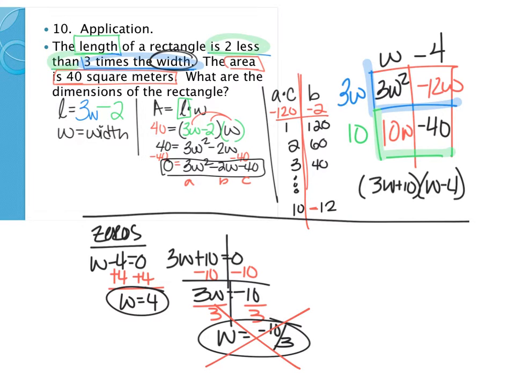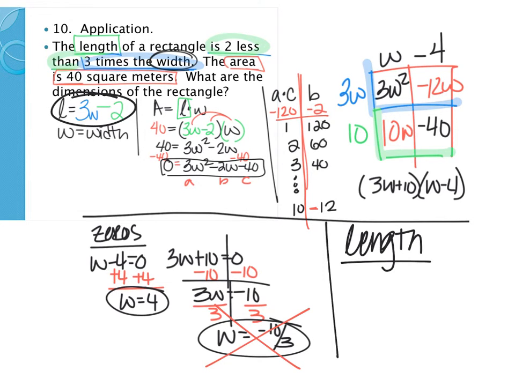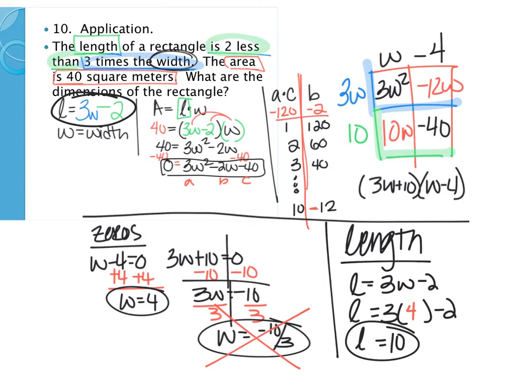What do you have to do next to find the length? You got to go back to the length equation, which is L is equal to 3W minus 2. What number are you putting in? Your 4. Which is 3 times 4 minus 2, which is 10.